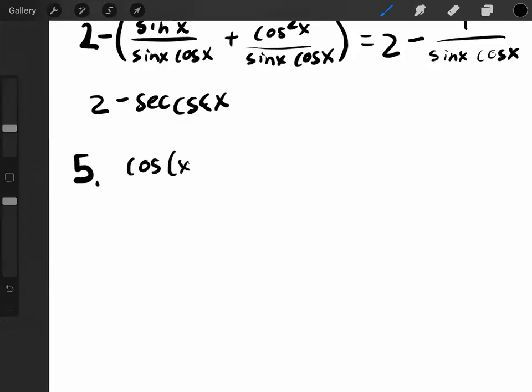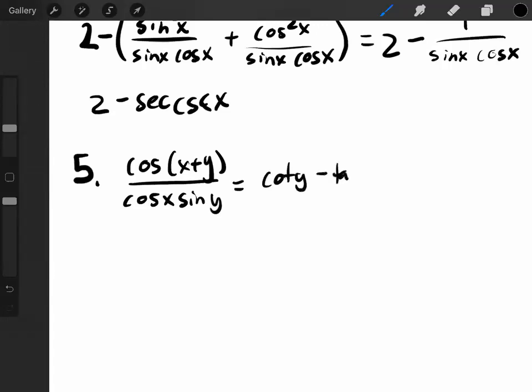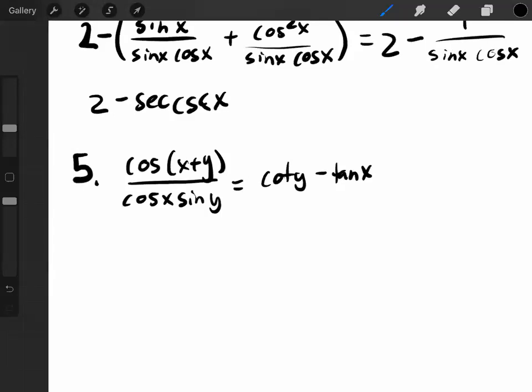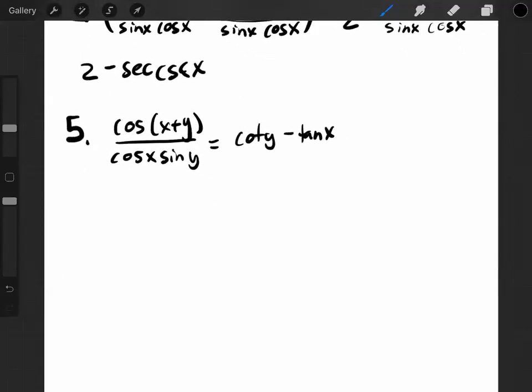Cosine of x plus y over cosine x sine y is equal to cotangent y minus tangent x. So this is interesting. One thing we can do is use the properties of adding in between the numbers that we used in half angle, double angle identities, and we can use that to help us solve this.